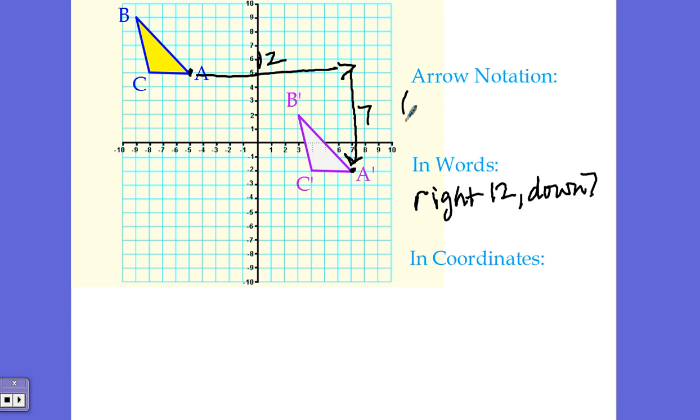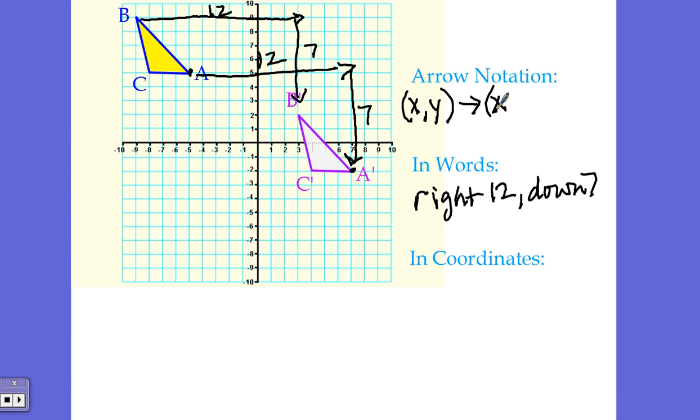My arrow notation then, for every point x, y, by the way, to go from B to B prime, you had to do the same thing. You had to go to the right 12 and down 7, and you had to do the same thing from C to C prime. You had to go right 12, down 7 to get from C to C prime.